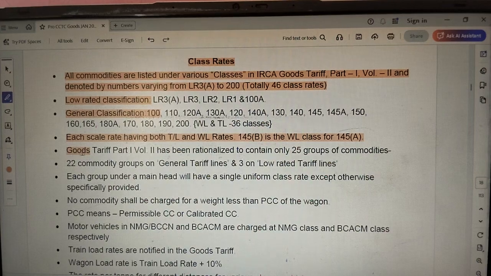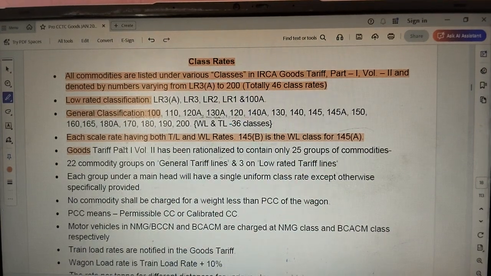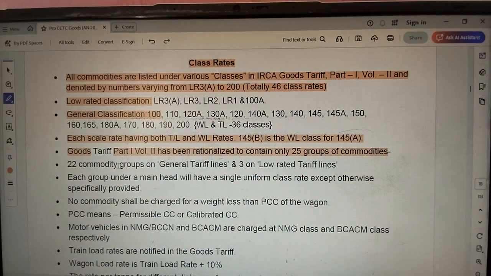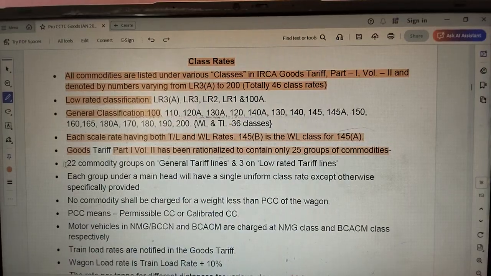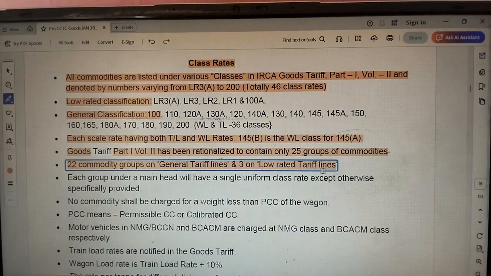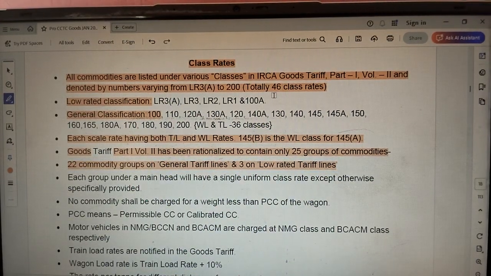Goods Tariff Part 1 Volume 2 has been rationalized to contain only 25 groups of commodity: 22 commodity groups on general traffic lines and 3 on low traffic lines. So you see the total is 46.